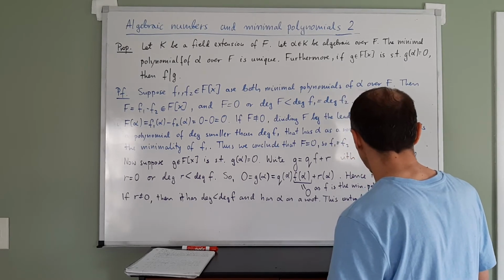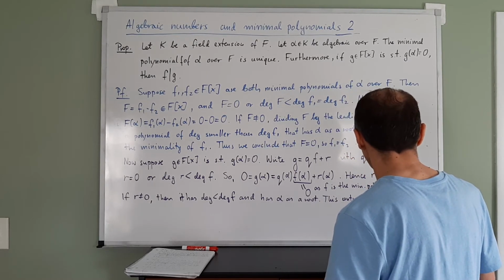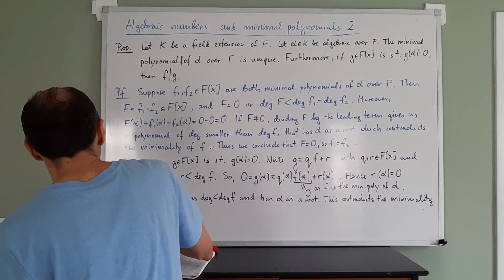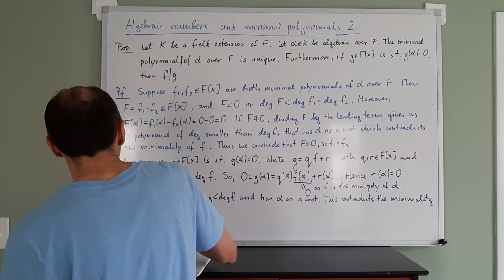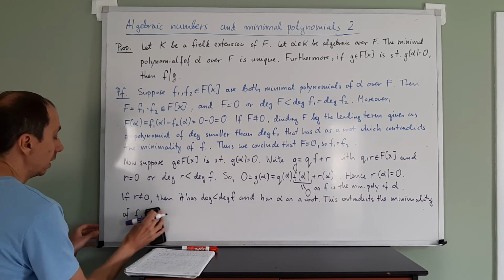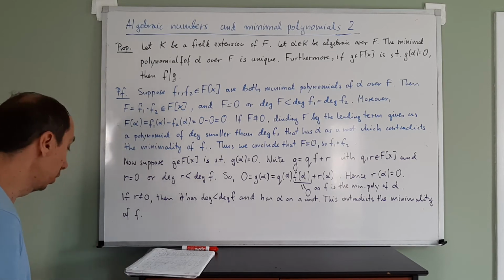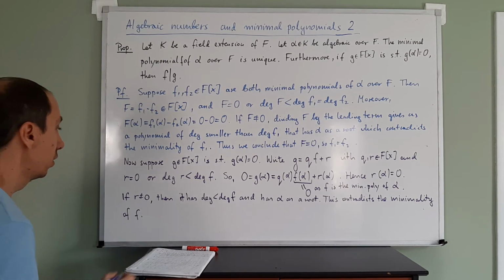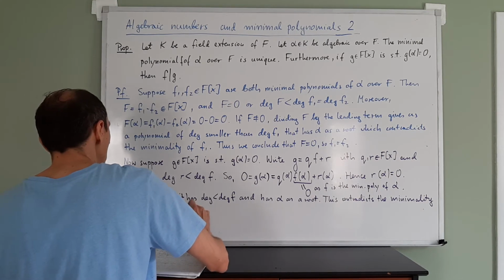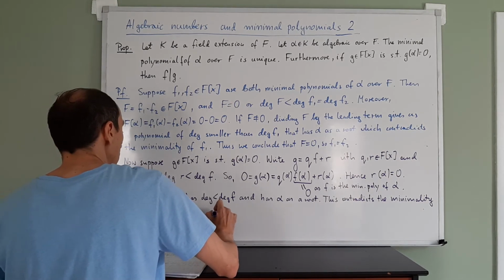Just remember that it's not necessarily r itself that contradicts it. You might need to divide r by the leading coefficient to get a monic polynomial. All right, so r must be 0. Hence, f divides g.